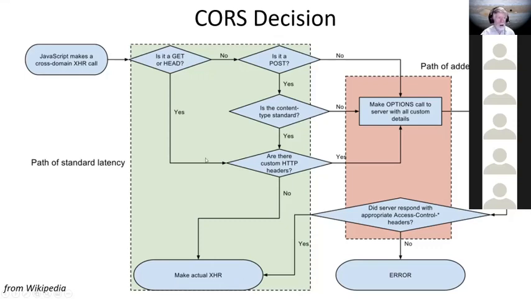We don't care. But if it's not a get, then is it a post? And was it just a standard sort of post? If it's a standard type of post and there are no custom headers, well, we'll make that request. But if in any case you're doing something possibly weird, then it's going to send a request to that server.